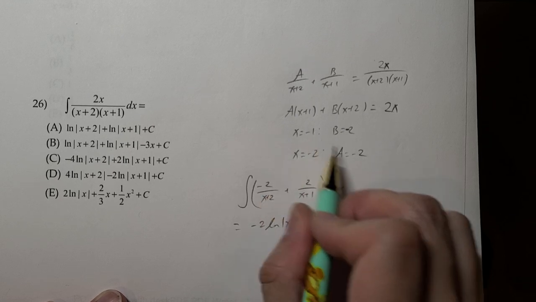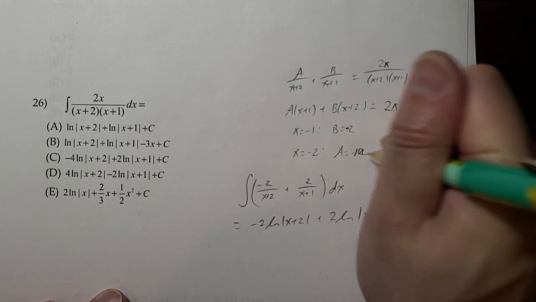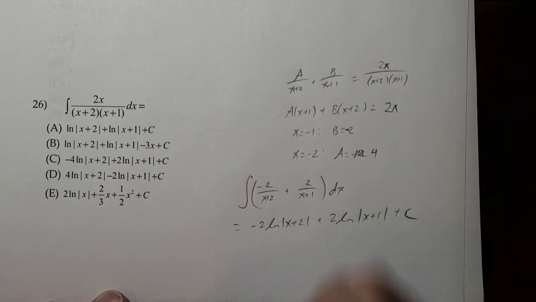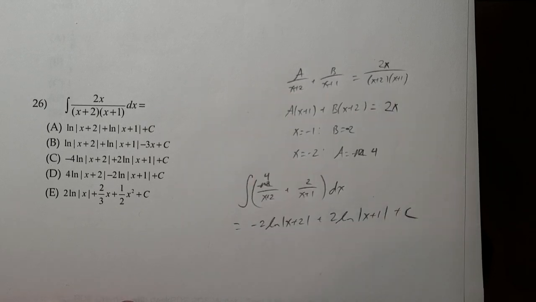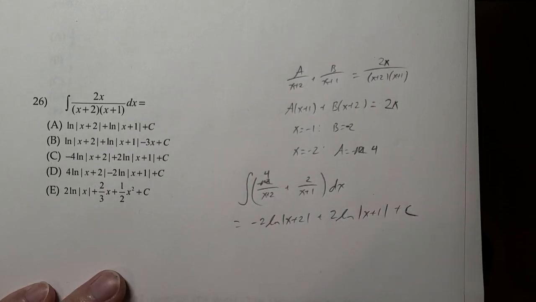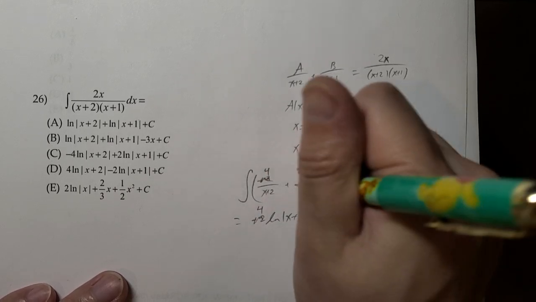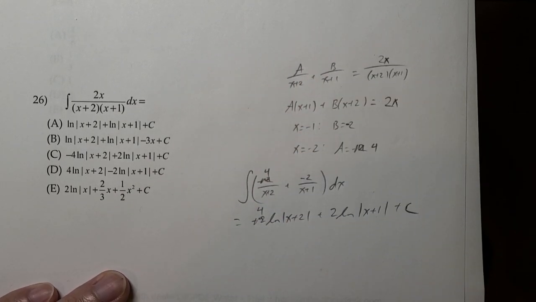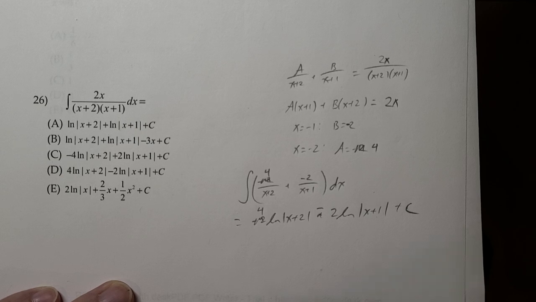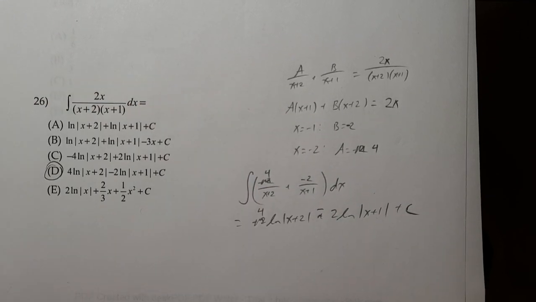So negative A is equal to negative 4. A is equal to 4. My bad. So this is a mistake page, or a page where I'm making a lot of mistakes. Sorry about that. So this is 4 over here, and this is a minus here. So this becomes a minus over here. So 4 ln of x plus 2 minus 2 ln of x plus 1 plus C. Is it D? Yes. Sorry about that again.